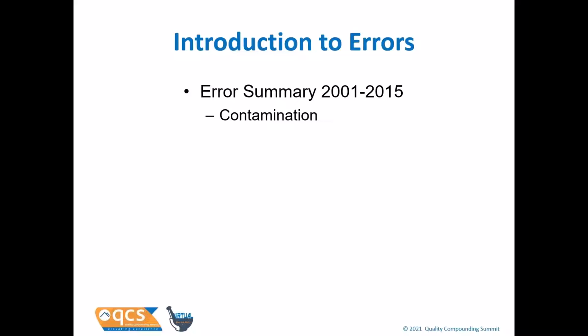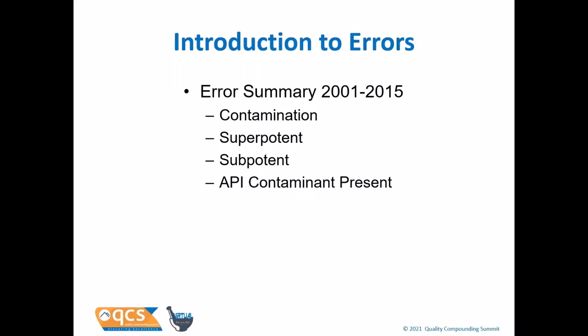Some of the errors listed there include contamination. Obviously, when you look at contamination, we immediately think of sterile preparations not being sterile, but it can also be a non-sterile preparation that has been contaminated with bacteria, mold, yeast, or whatever. So contamination is one of the errors that has been reported.